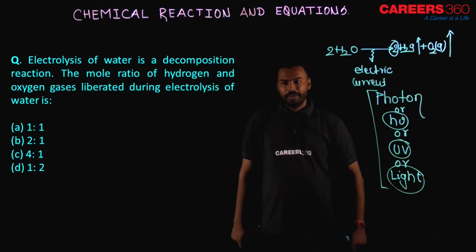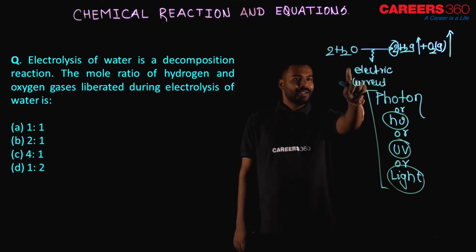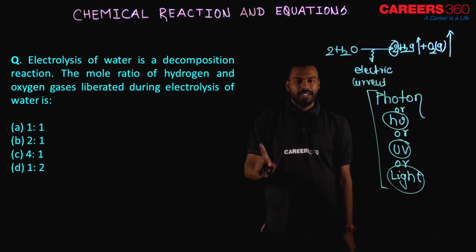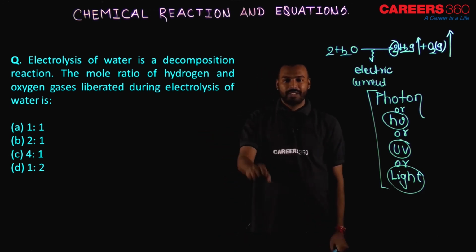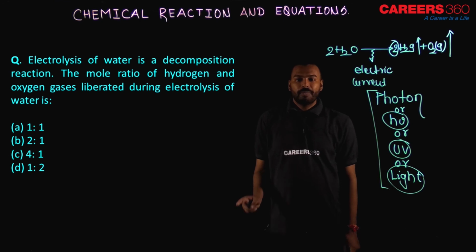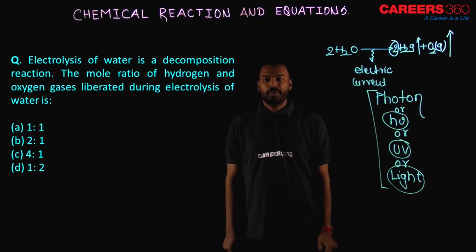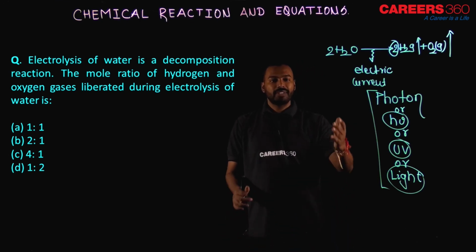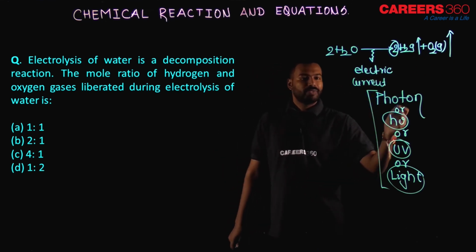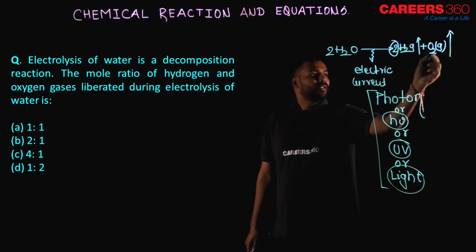Electrolysis of water is a decomposition reaction. See, the question came from this topic. They already asked this question in exam, in a previous year question. I have selected this. The mole ratio of hydrogen and oxygen gas liberated, means released or produced or formed. What are the elements formed? That is hydrogen and oxygen.